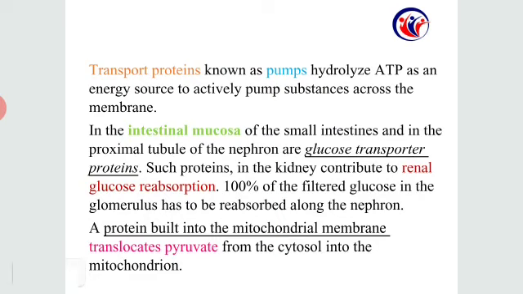I would like you, in your free time, to get a sample of your urine, put it in a test tube, add Benedict solution, and warm it. If you get color changes from blue to green and probably to orange through yellow, then it means reducing sugars like glucose are present in your urine.